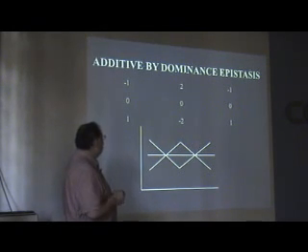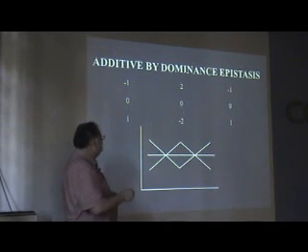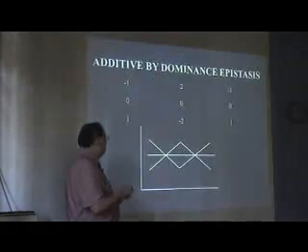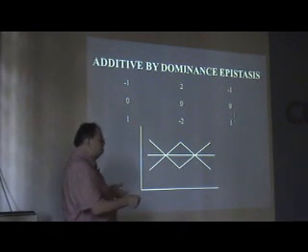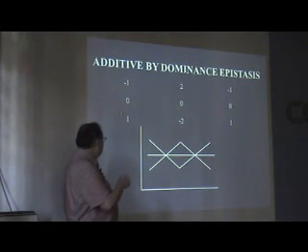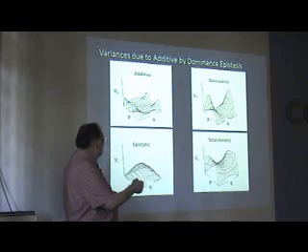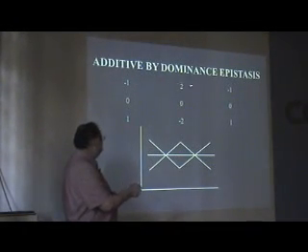Looking at this, the first column has a +1, the second column has a -2 as our additive value, and the third column again has +1. So here, the additive is changing at this locus, while the dominance changes at the loci across the top, where it would be overdominance. The heterozygote is +2, while the homozygotes are -1.